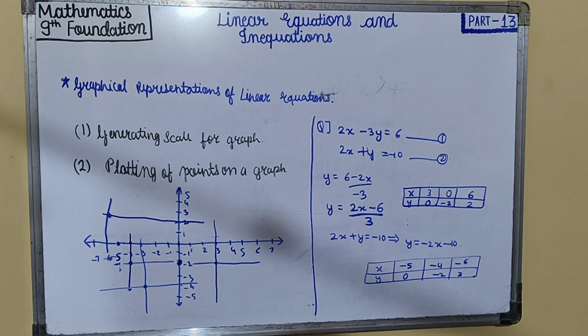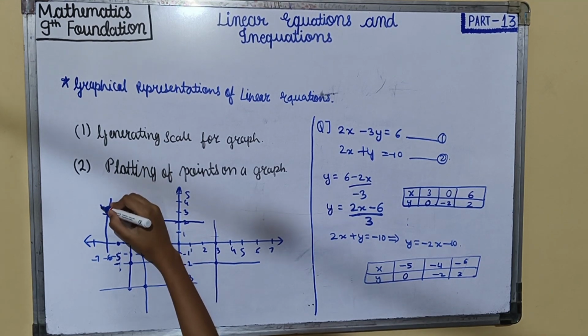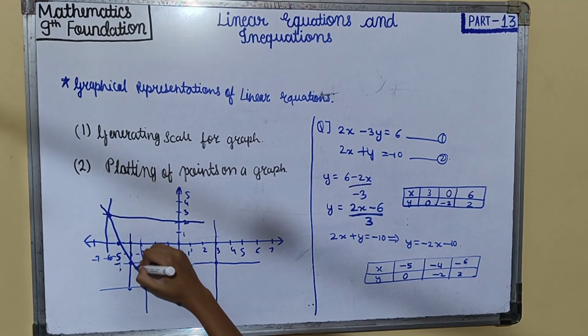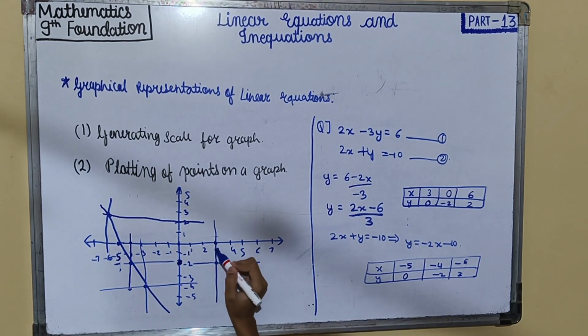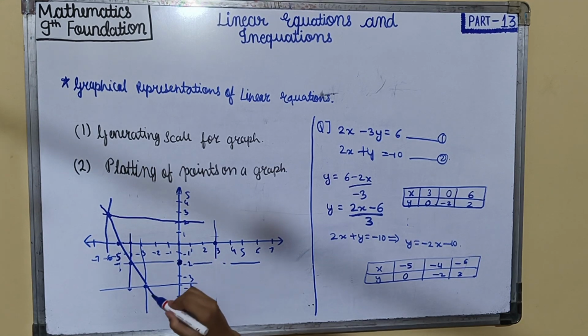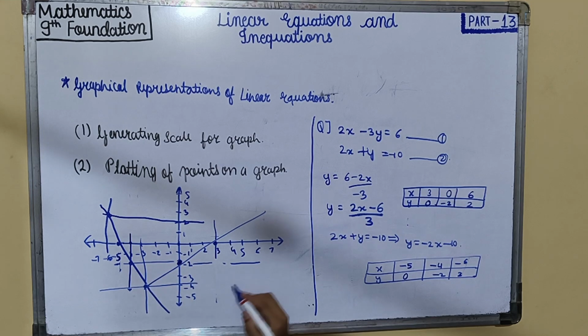This point. So by joining these points, also here 0, comma 2, like this, we will get the structure from the graph. We can see that two lines intersect at the point minus 3, comma minus 4. Hence the solution set is minus 3, comma minus 4.